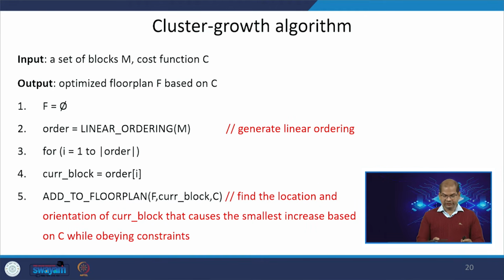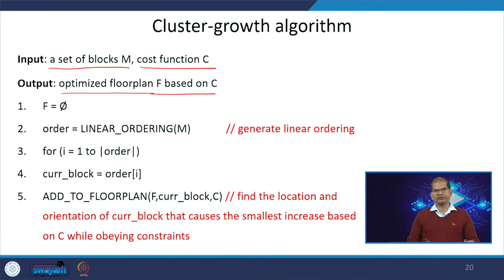This is the pseudo code of our cluster growth algorithm. The input is a set of blocks M and a cost function C, and the final output is an optimized floor plan F based on the cost. Cost may be area, wire length or whatever our target is.